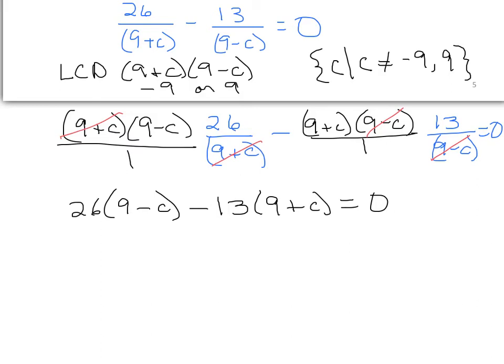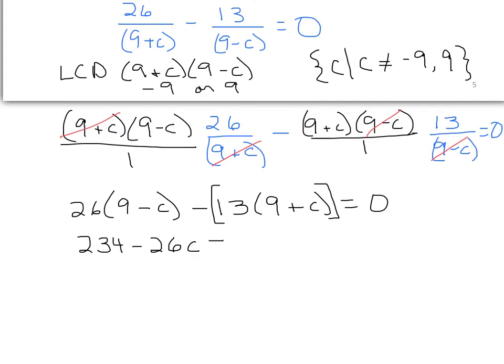So we have to distribute the 26 and the negative 13. In the first case, we get 234 minus 26c. In the second case, we're going to put brackets around the 13 times (9 plus c) so that the minus doesn't throw us. And inside the brackets, we get 117 plus 13c.